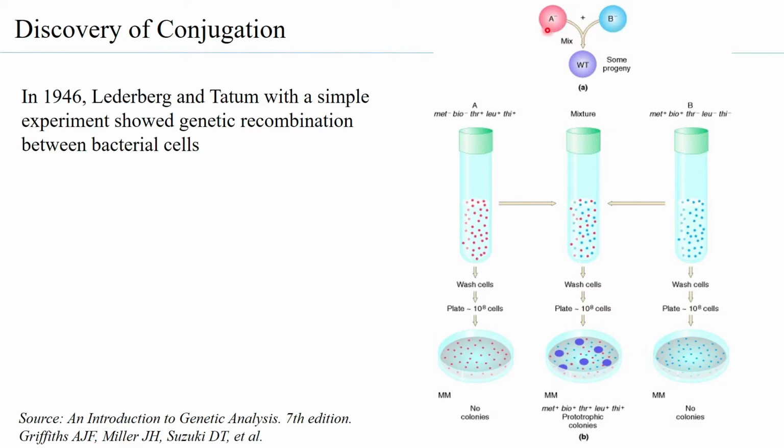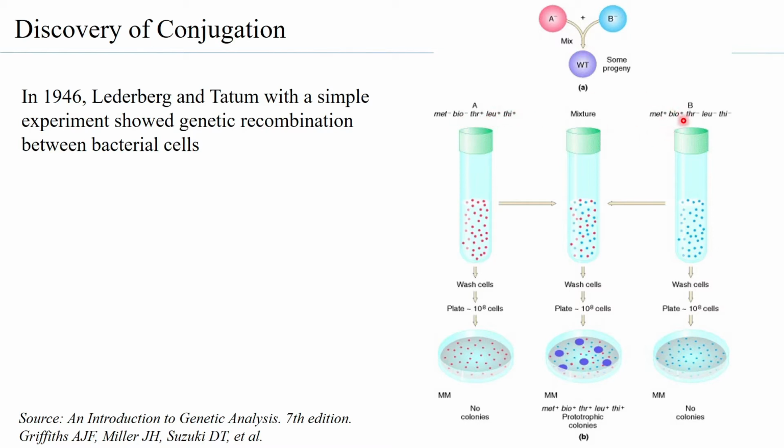Now the strain A minus was mutated for methionine and biotin, so met minus and bio minus, while threonine, leucine, and thymine genes were active, not mutated.